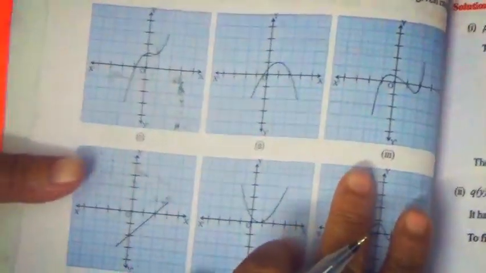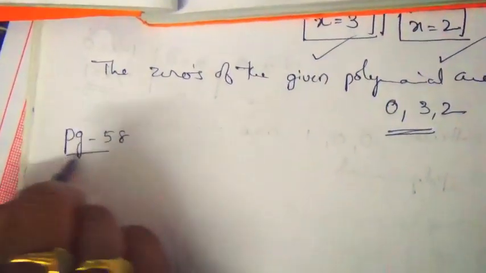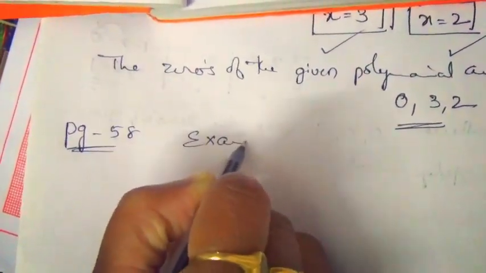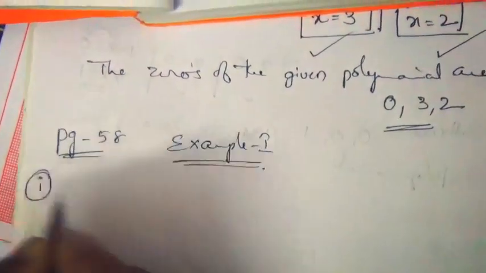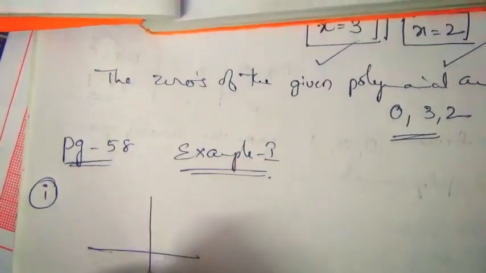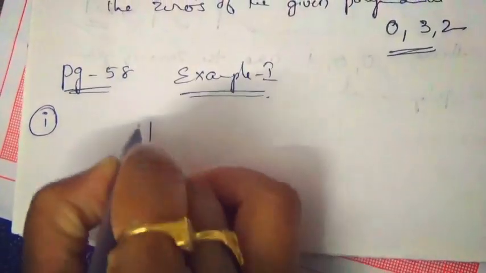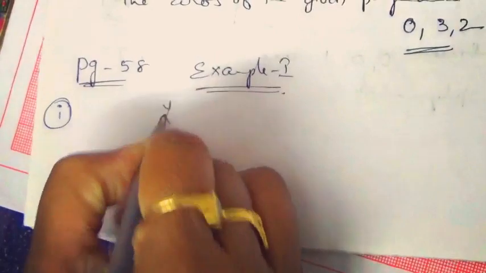Then after that, look at example 1 on page number 58. The first graph, look here, just like this you write in your notes. It is the x-axis, it is the y-axis.